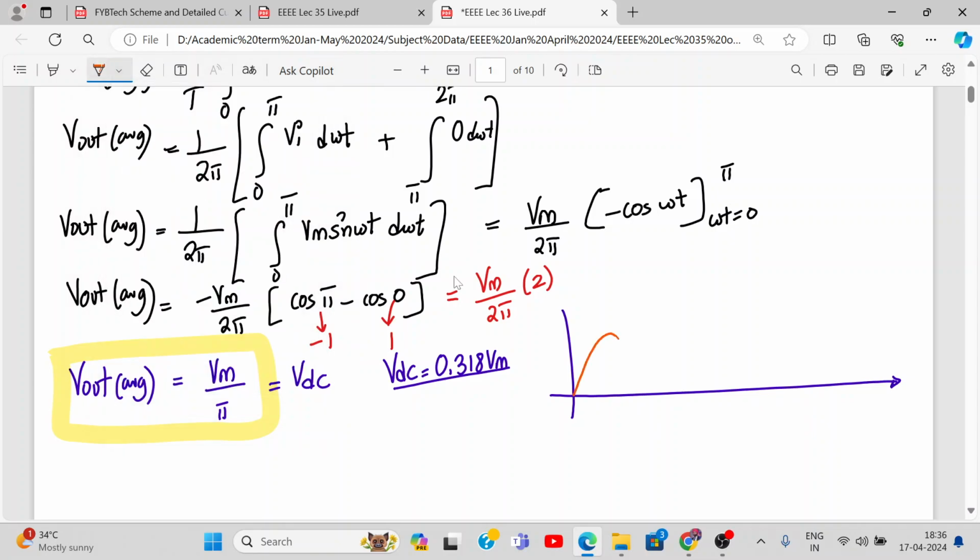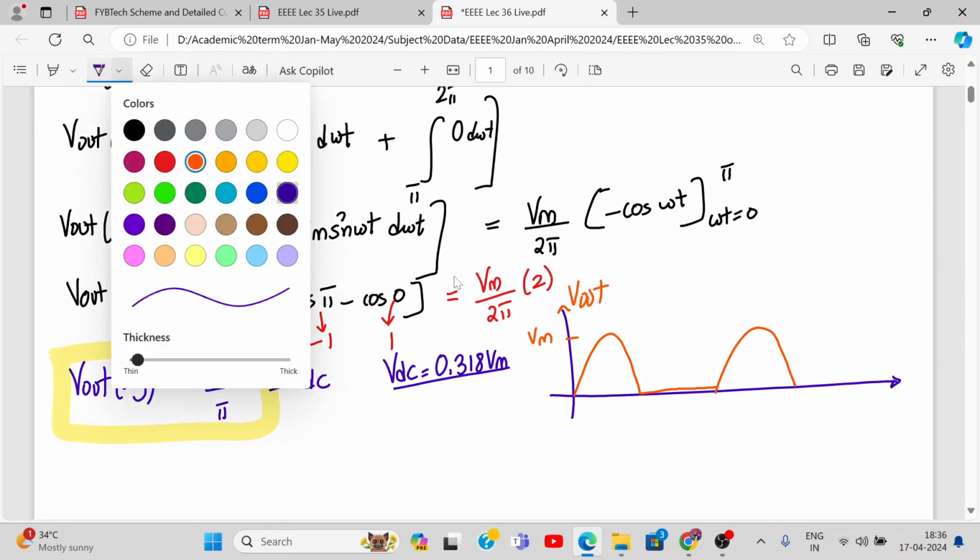So if this is an AC signal, in the negative half it is 0. For this waveform, the maximum is Vm. This is output. What is the average value of this?